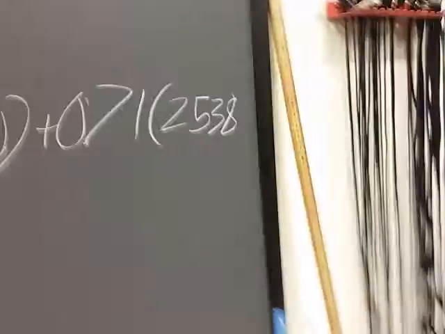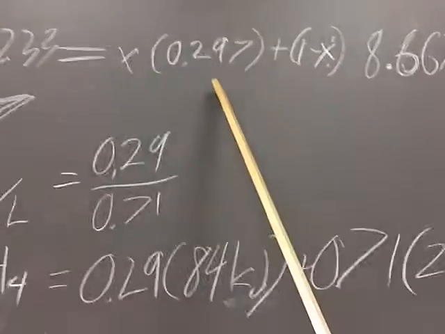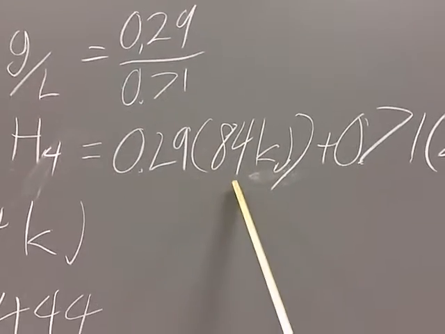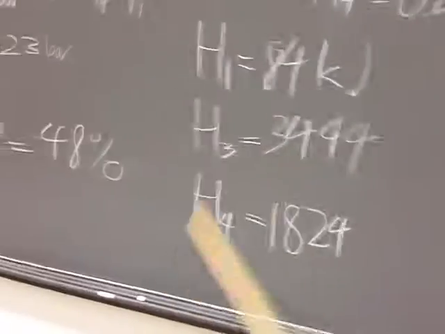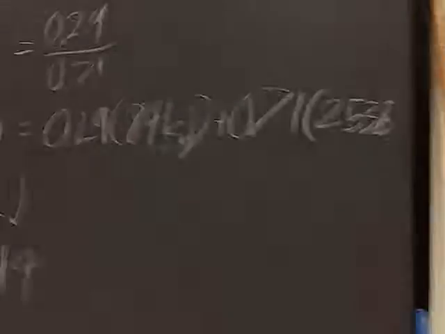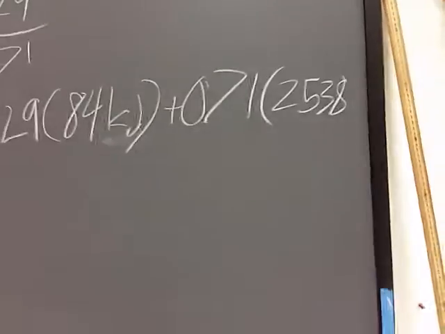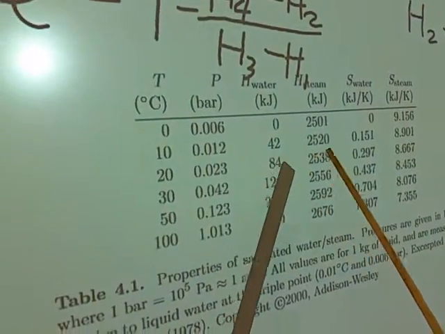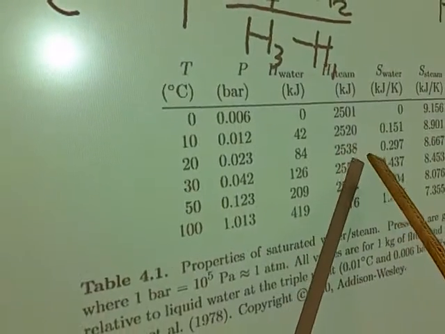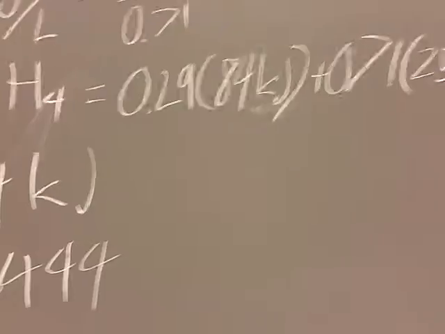So you plug that back in, except for this time, instead of using entropy as your coefficients, you use enthalpy. So we already know that the enthalpy of water at that pressure is 84, and then we can look up the enthalpy of steam, which is 2538.